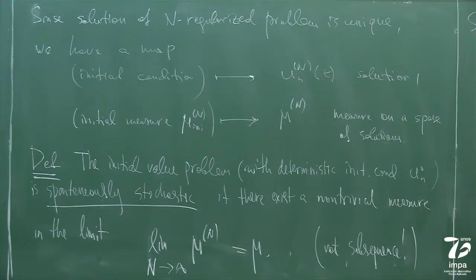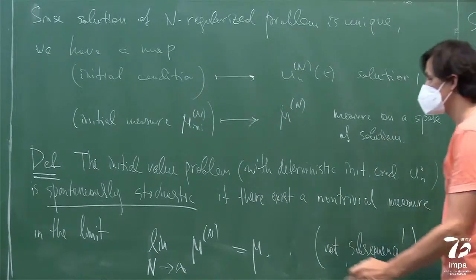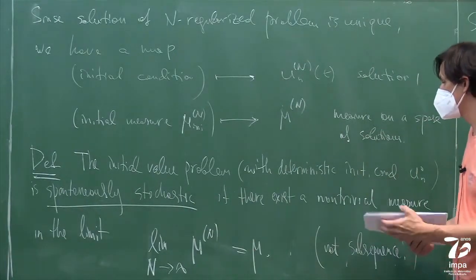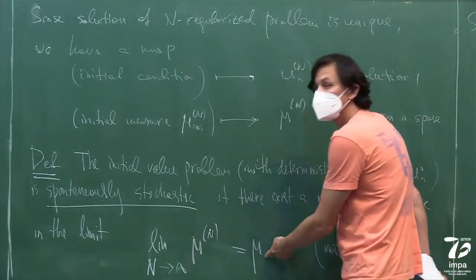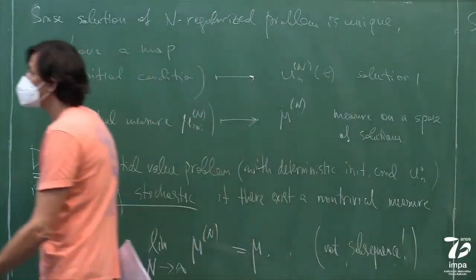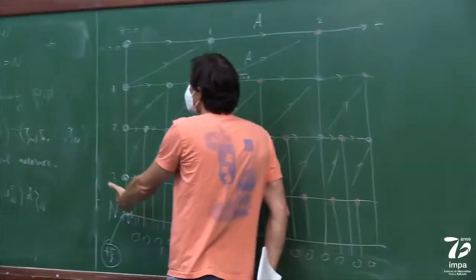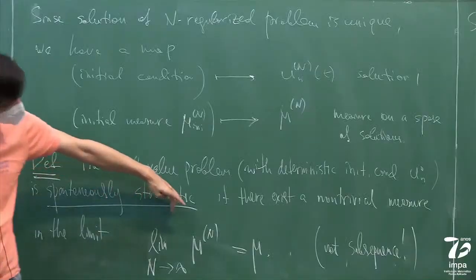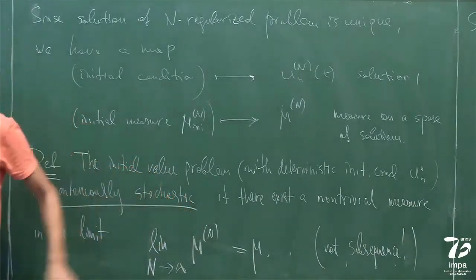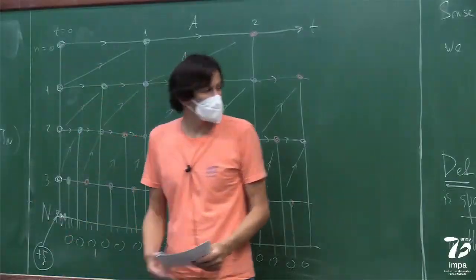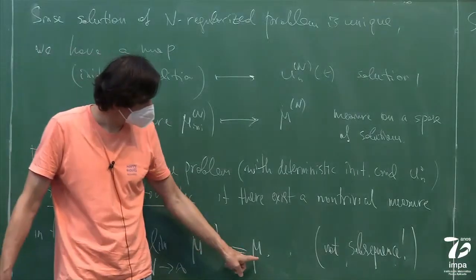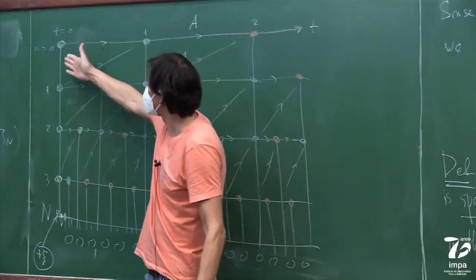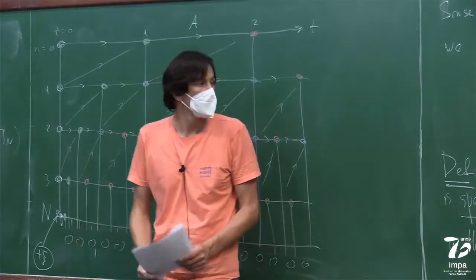And if this limit exists, why is it a spontaneous solution? Because if this limit exists, what you can directly see is that this measure will satisfy the initial condition. So at these points, it will be deterministic, right? Because all these measures are deterministic at every point. So this measure will give a measure on a space of solutions which satisfy exactly the initial conditions.